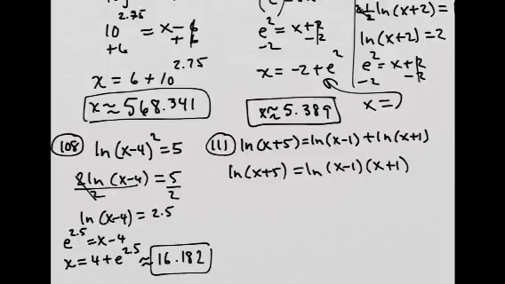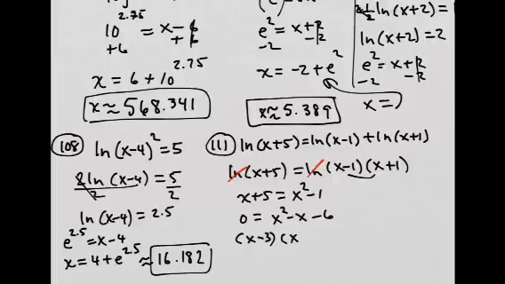So now I can drop the logs, and this becomes x plus 5 equals x squared minus 1, right? When you multiply those two, you get x squared minus 1. So I'm going to move everything to the right. So 0 equals x squared minus x minus 6. Then when you factor that, you get x minus 3, x plus 2 equals 0. So x is 3 or negative 2.